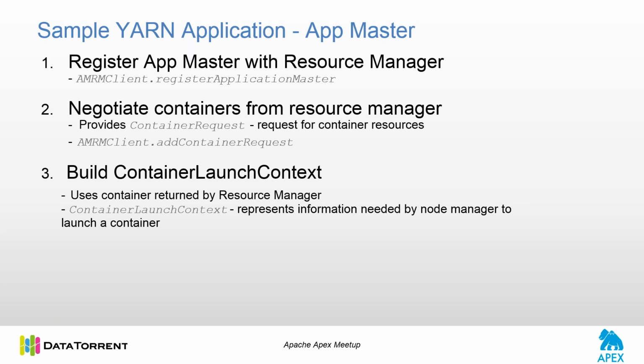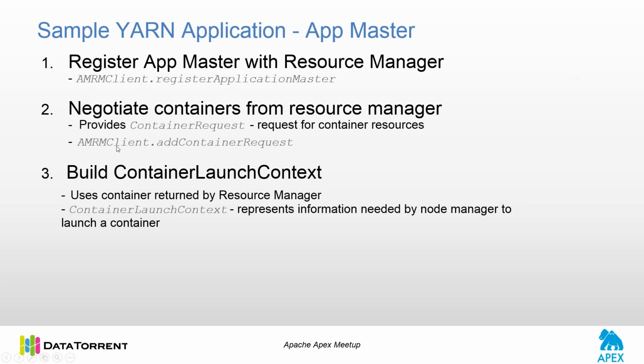First thing you need to do is register yourself as application master with the resource manager. You use this register application master function call to do that, and you use the AMRM client protocol to talk to the resource manager. After registration, you ask the resource manager for some containers to do your job, to run your application.